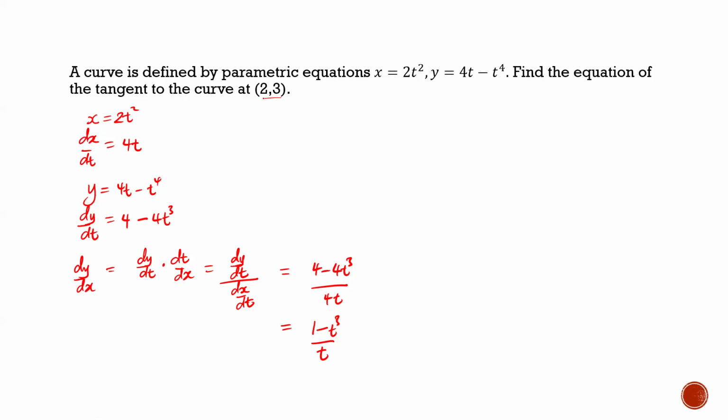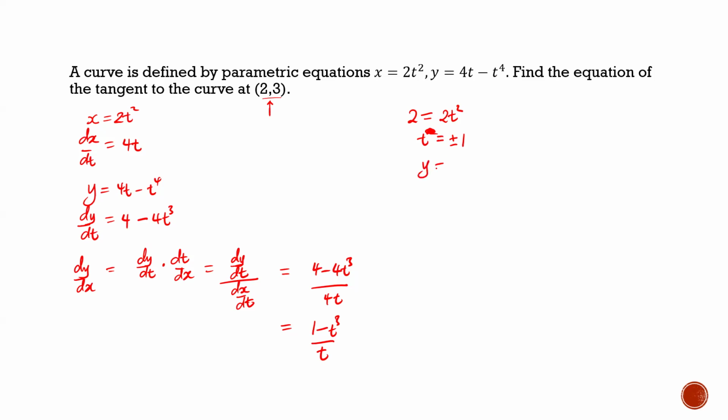But we've been given coordinates in terms of x and y, so we need to find the value of t when x is 2. When x is 2, we could substitute that in this equation. We'll have 2 is equal to 2t squared. That means t squared is equal to 1, and that gives us t being plus or minus 1. We can't exactly tell whether it's positive or negative, so we'll use the equation of y to help us figure that out.